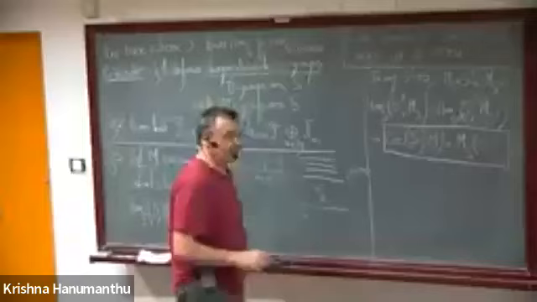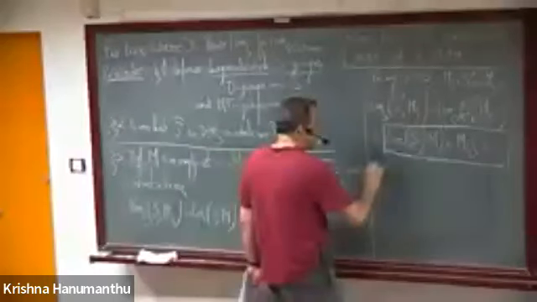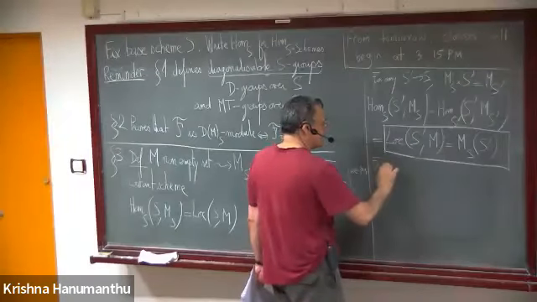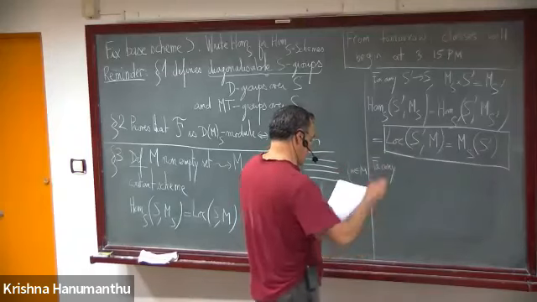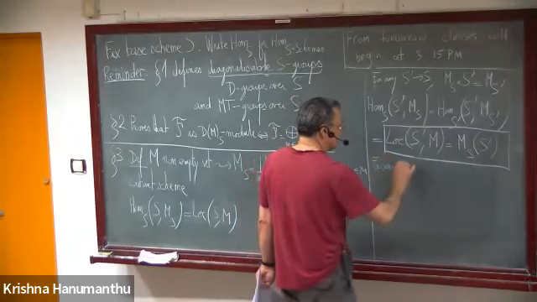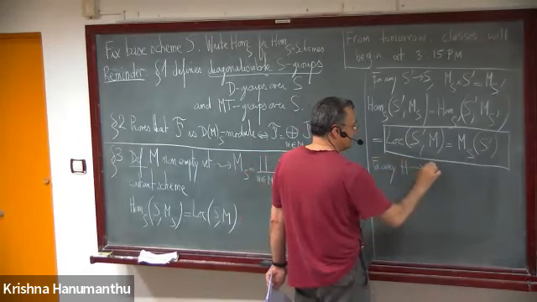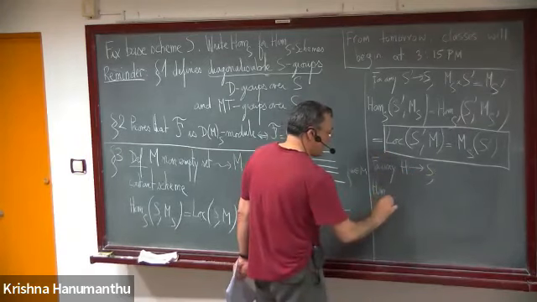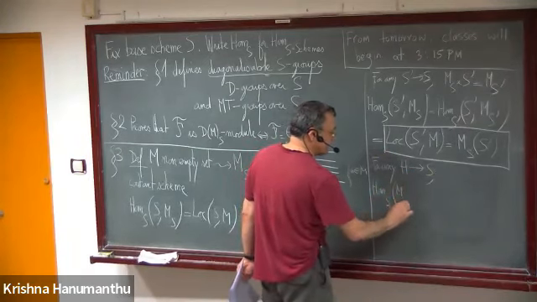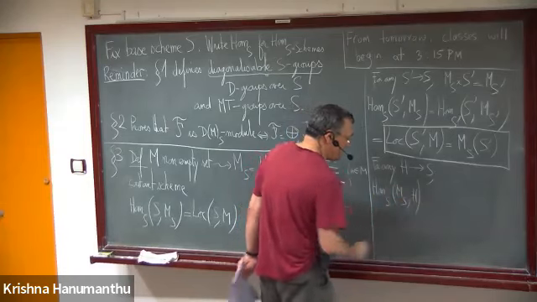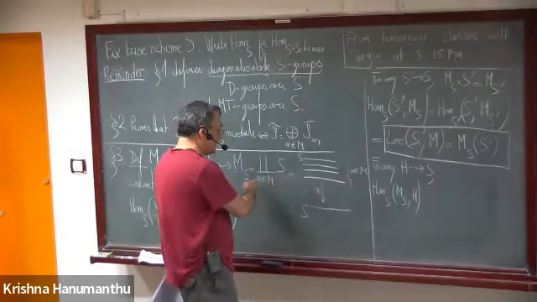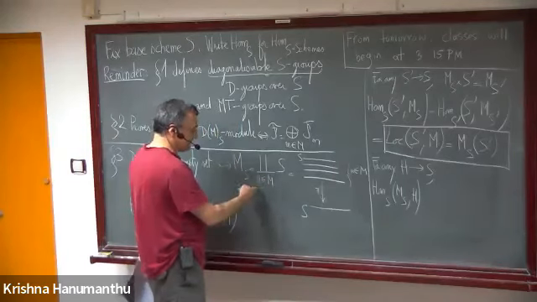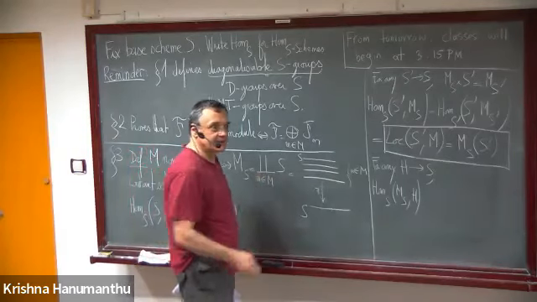So this is for more inputs. On the other hand, for any scheme H over S, what is Hom from S schemes of M_S into H? Well, this is the sum of the things.